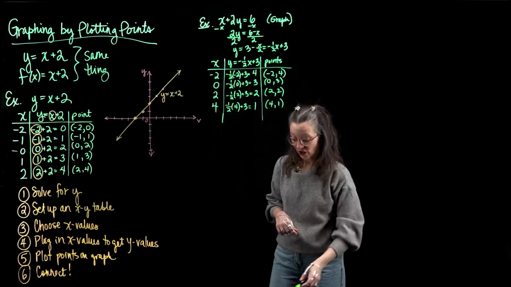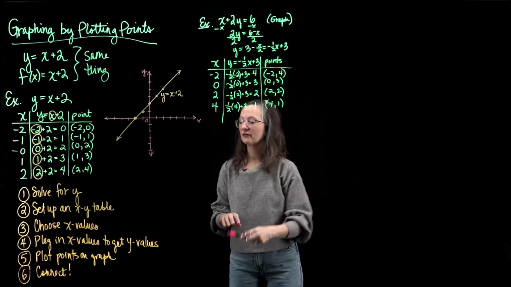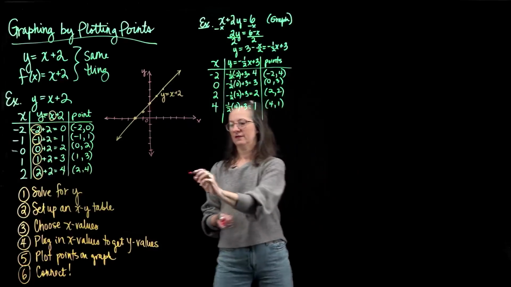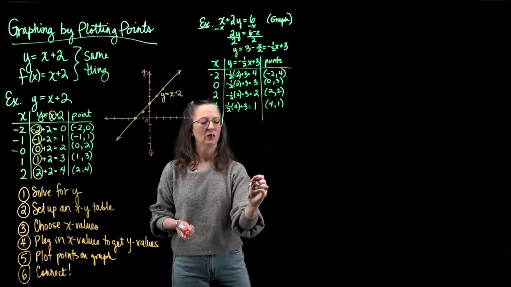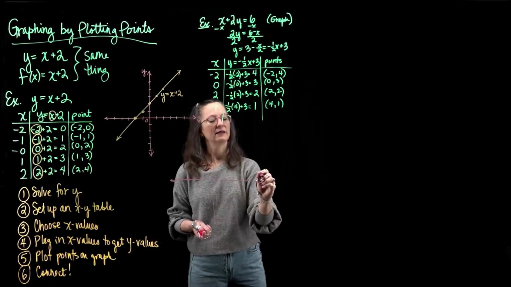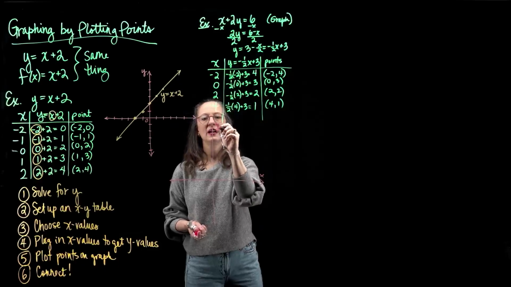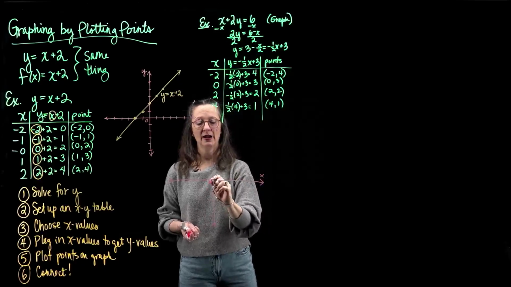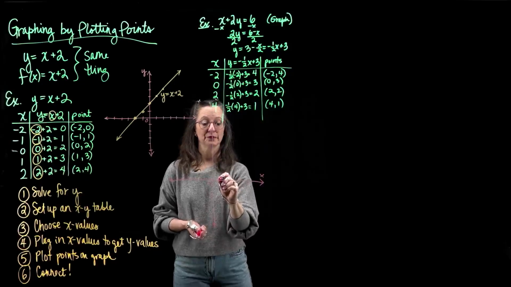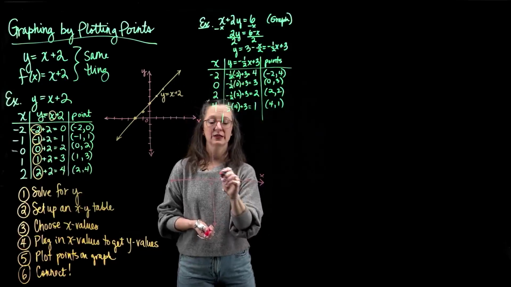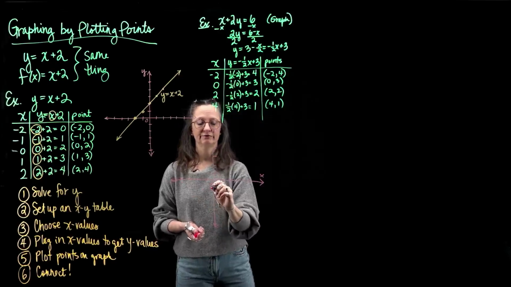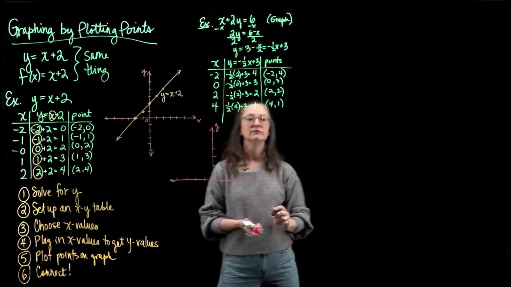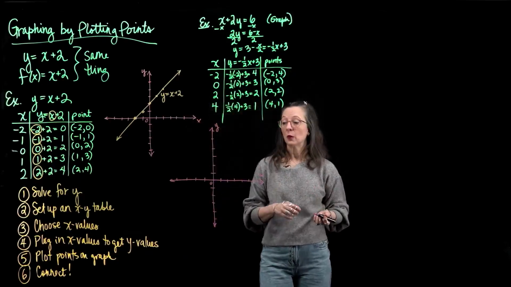So let's draw a graph. Again, I'm going to draw that horizontal line and label it x, and vertical line and label it y, and I'll label the origin. And again, I'm going to put tick marks out 5 units in each direction. Let's plot those points.